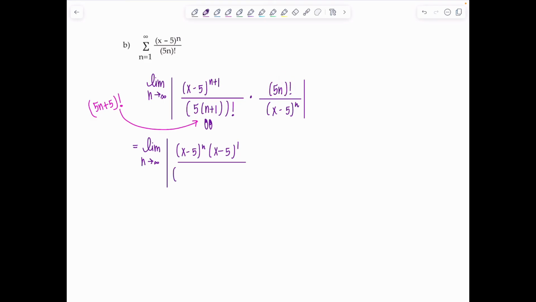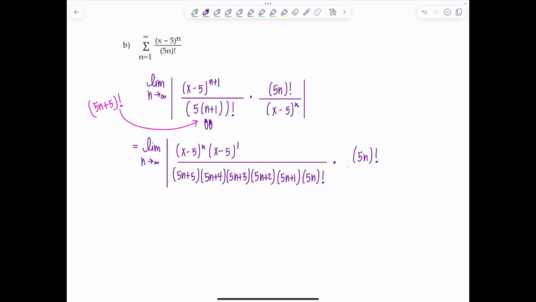So it's going to be (5n plus 5) times (5n plus 4) times (5n plus 3) times (5n plus 2) times (5n plus 1) times (5n) factorial. Finally made it. And then you have (5n) factorial up here over (x minus 5) to the n.